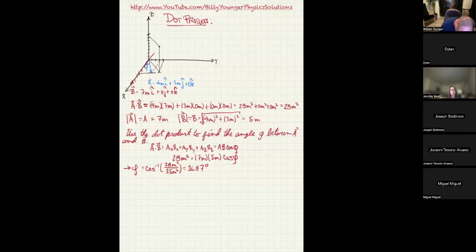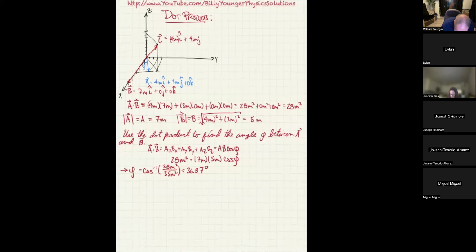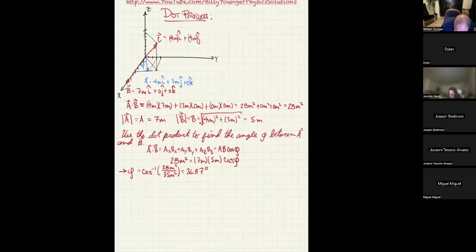And let's draw this vector C, which is equal to 4 meters I hat plus 4 meters J hat plus 8 meters K hat.